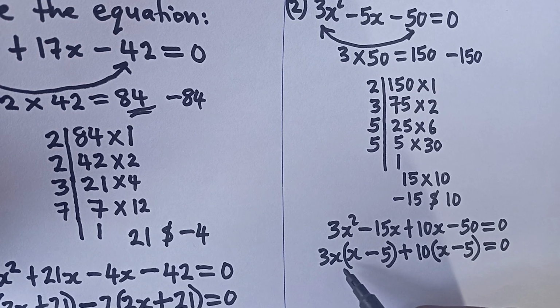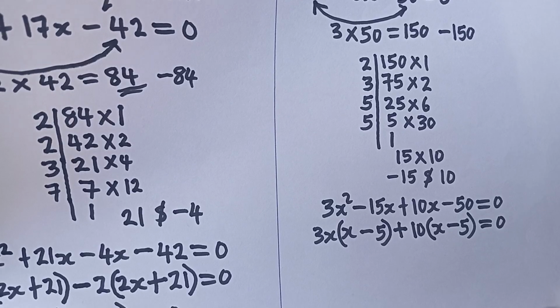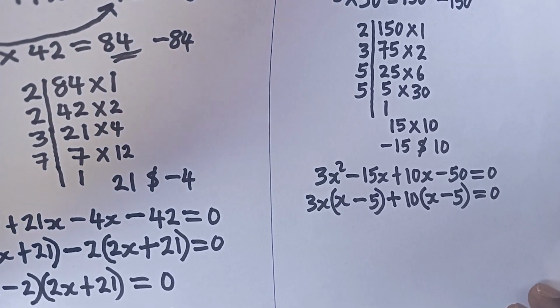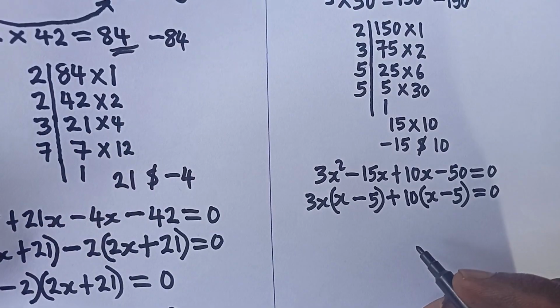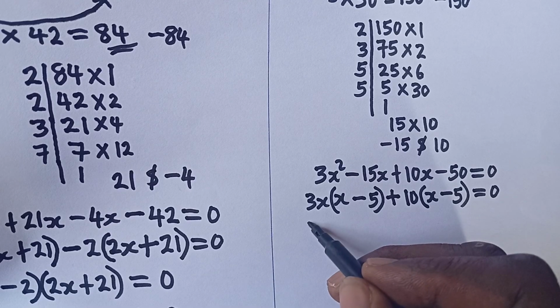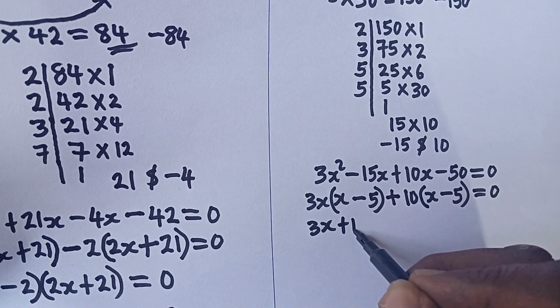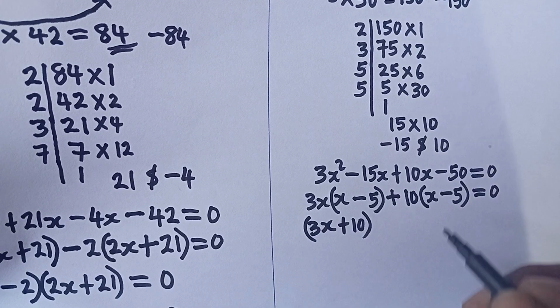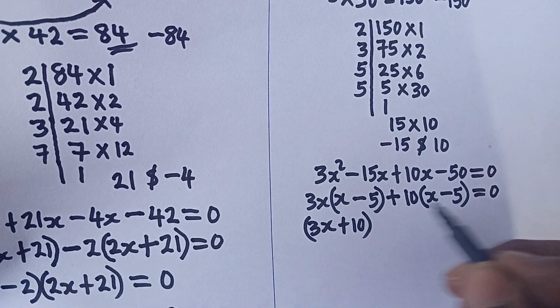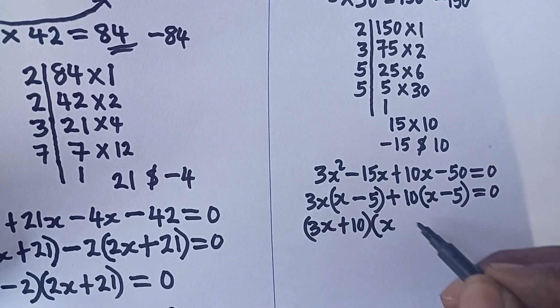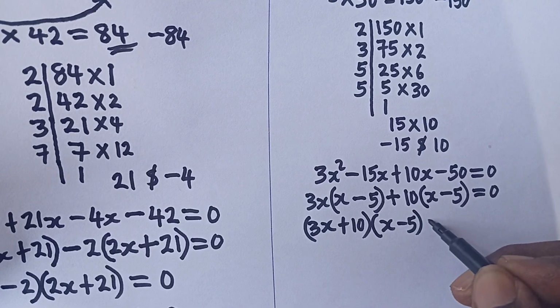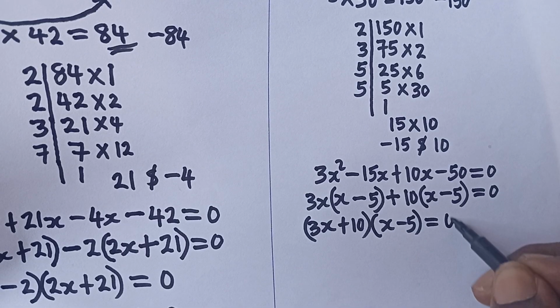So the next thing is to take these values outside now. That will be 3x plus 10. We enclose in a bracket and we take one of the equal brackets, that is x minus 5, and we say it is equal to 0.